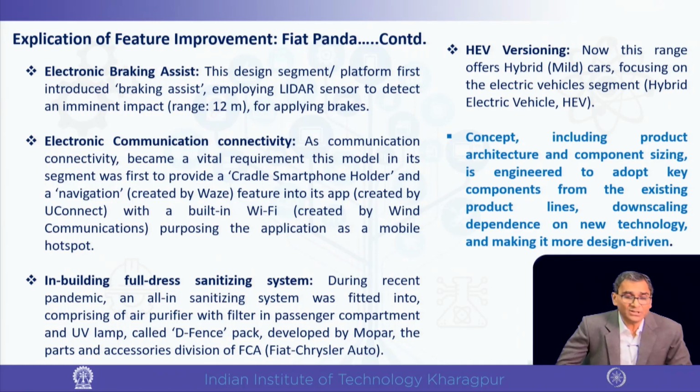In its segment it was the first to provide a cradle smartphone holder, which we see in many cars today, and a navigation feature created by Waze, and then a feature in an app. That app was created by Uconnect with built-in Wi-Fi created by Wind Communication.